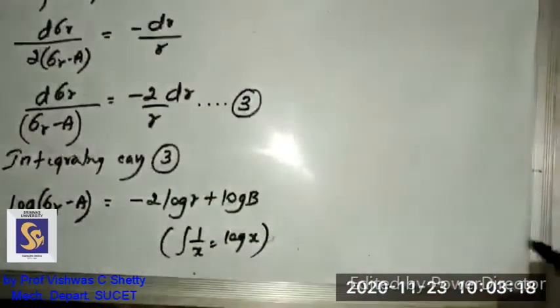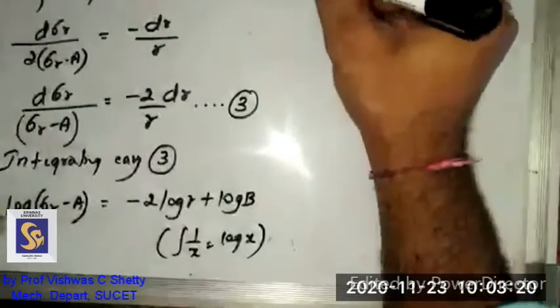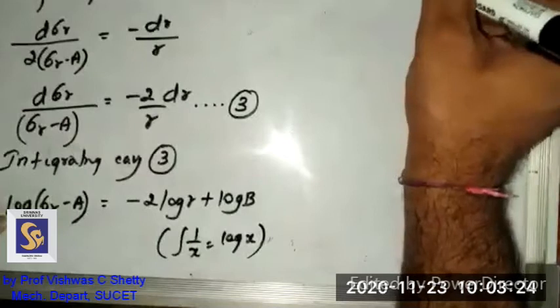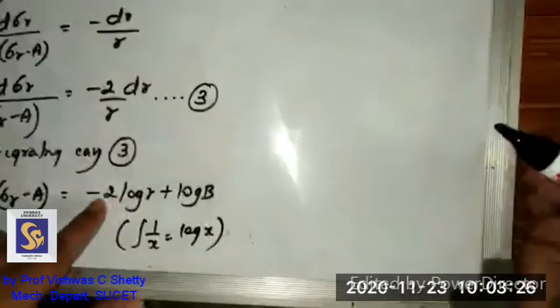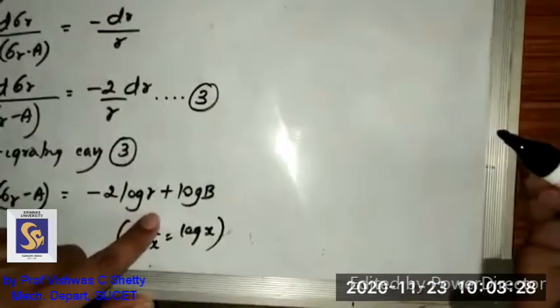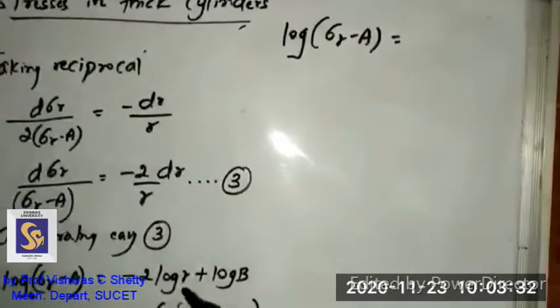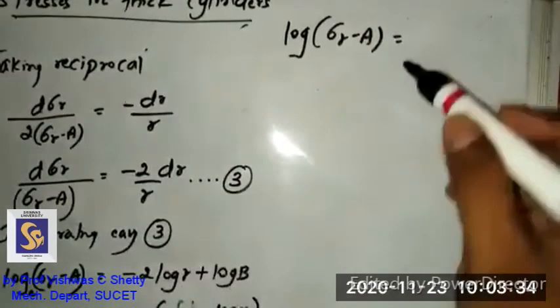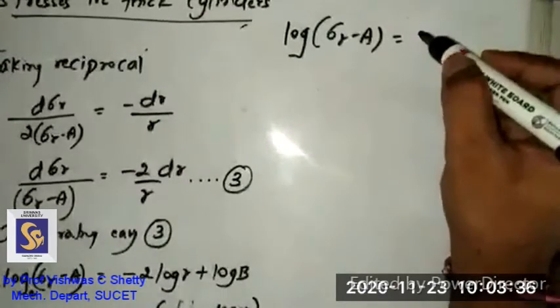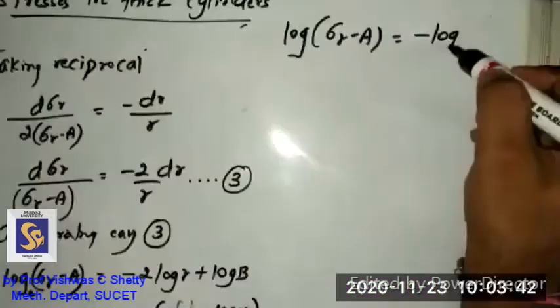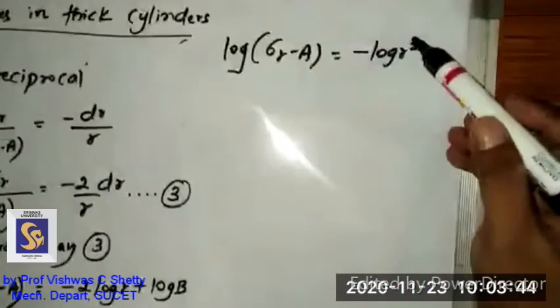Further you can write it as log of sigma r minus a equals minus 2 log r plus log b. How can you rewrite minus 2 log r? You can write it as minus log r square, since the 2 goes to the power.